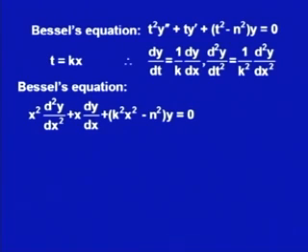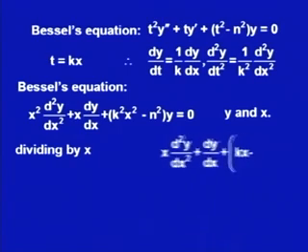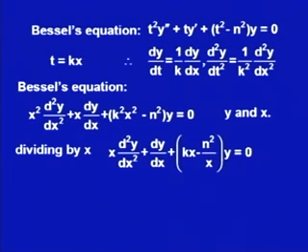We see that this is an equation in y and x. Now, divide this equation by x. So, we get x d2y over dx2 plus dy over dx plus (k square x minus n square upon x) y is equal to 0. Now, rewrite this in the form of the Sturm-Liouville equation.